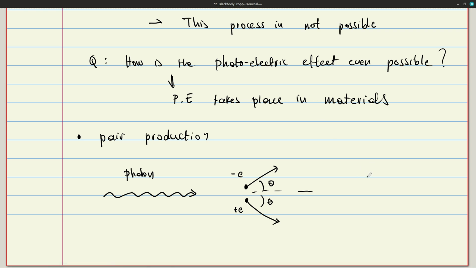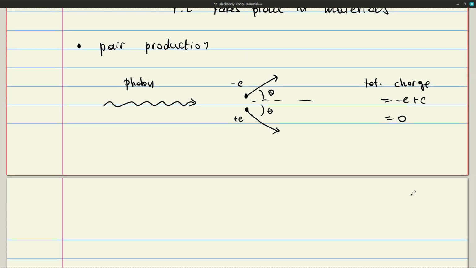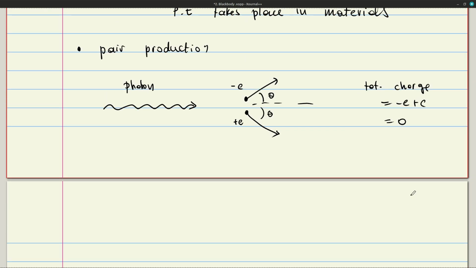So you can see the total charge, minus E plus E, is equal to 0, both before and after the collision. But that's not enough. We also need to write energy and momentum conservations. Here I have energy equal to h nu, and momentum equal to h nu over c.